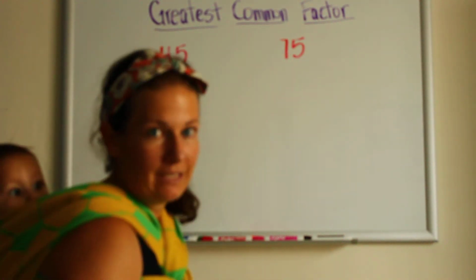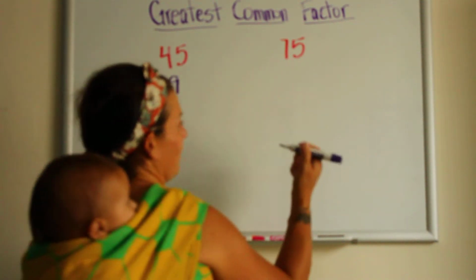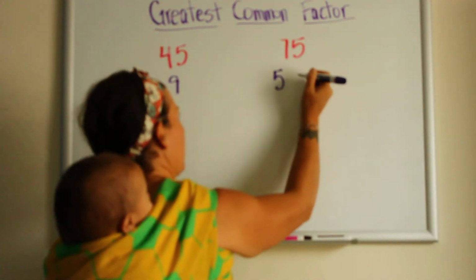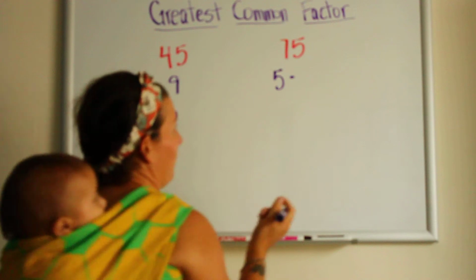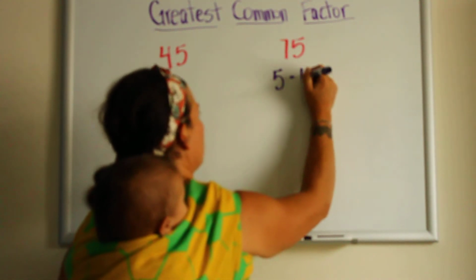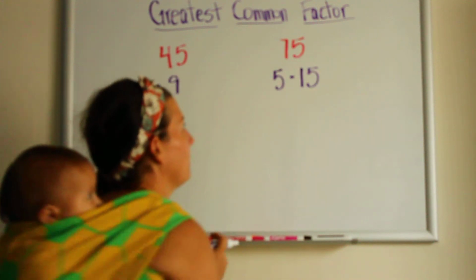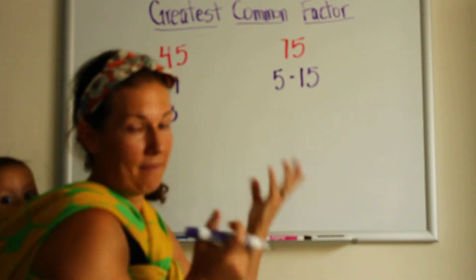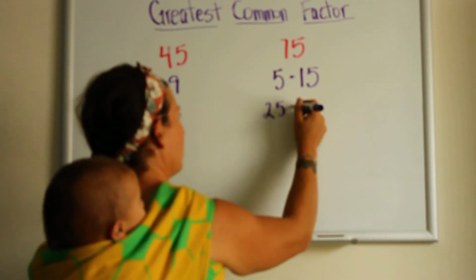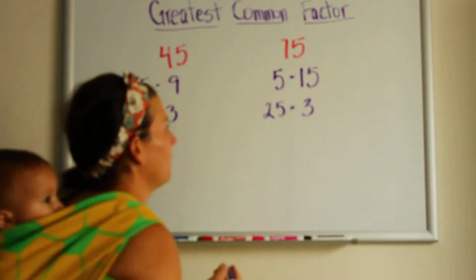I want to move over to 75. Again, I know that this definitely has a factor of 5, and 5 goes in 15 times. I'm also thinking money, quarters, so 25 is going to go into that 3 times.